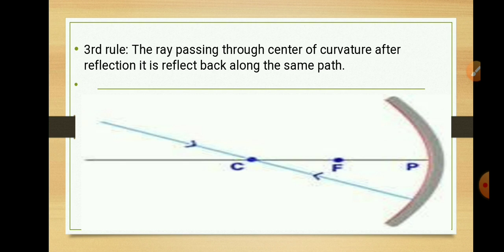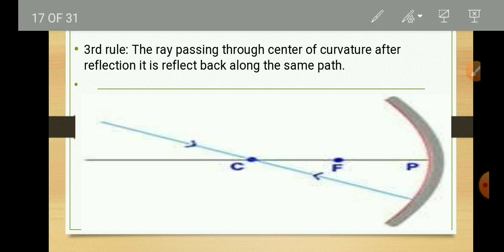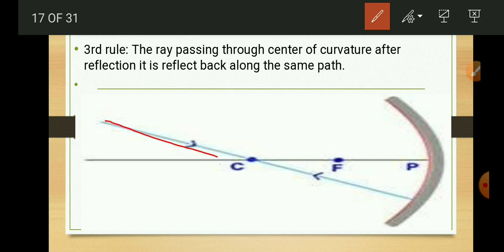Next one is the ray passing through the center of curvature. After reflection it is reflected back along the same path. Meaning if a ray of light goes through the center of curvature, then after reflection also it will pass through the center of curvature, because the incident ray falls on the mirror along the normal to the reflecting surface. That is, any ray passing through the center is normal to the mirror, as the center of curvature is the center of the hollow sphere, and so the ray passing through the center makes a 90-degree angle with the surface.